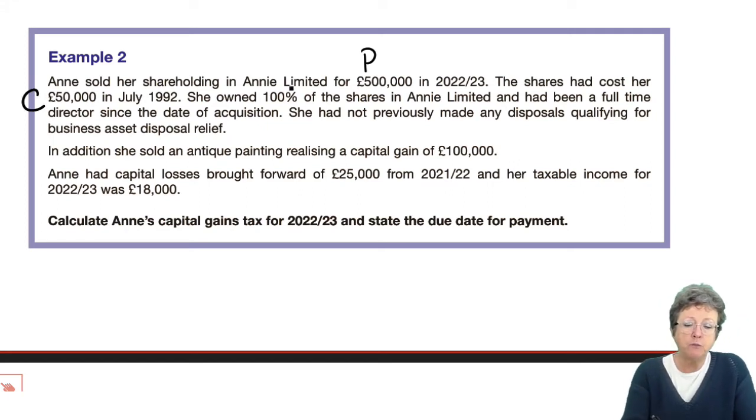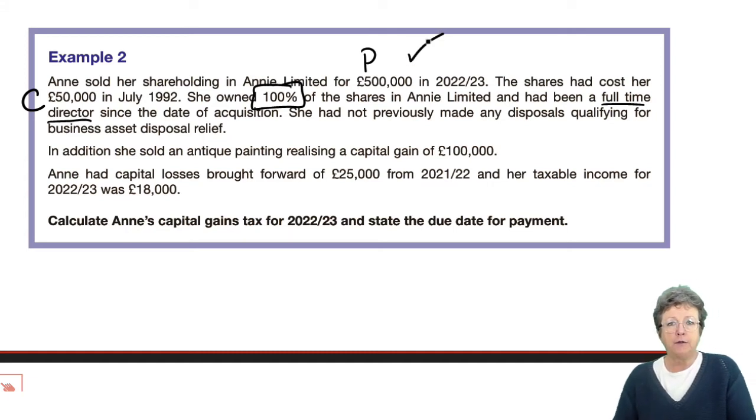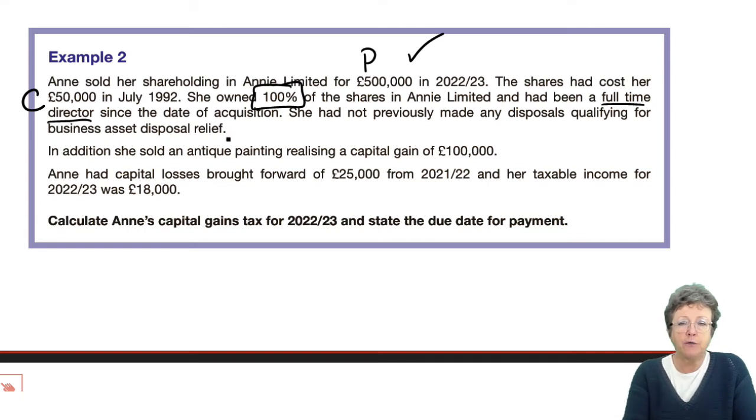Now, she owned more than 5%, and she'd been a full-time director. So that qualifies for BAD relief. Okay. Now, it says here that she's not used any of her relief before, so she's got her full £1 million.